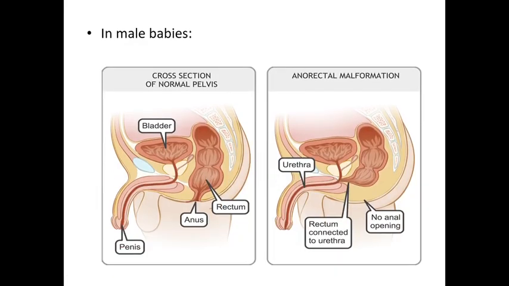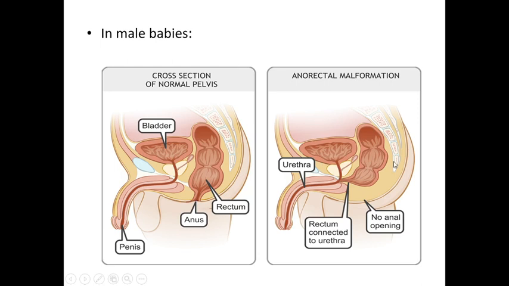Now in a male baby, this is what happens. They don't have a uterus, so they have this bladder and then they have the urethra. Not like in a female baby, in a male baby the urethra is long and it passes through the penis. This is in a normal person, the anal canal opens into the anus at the anal orifice.